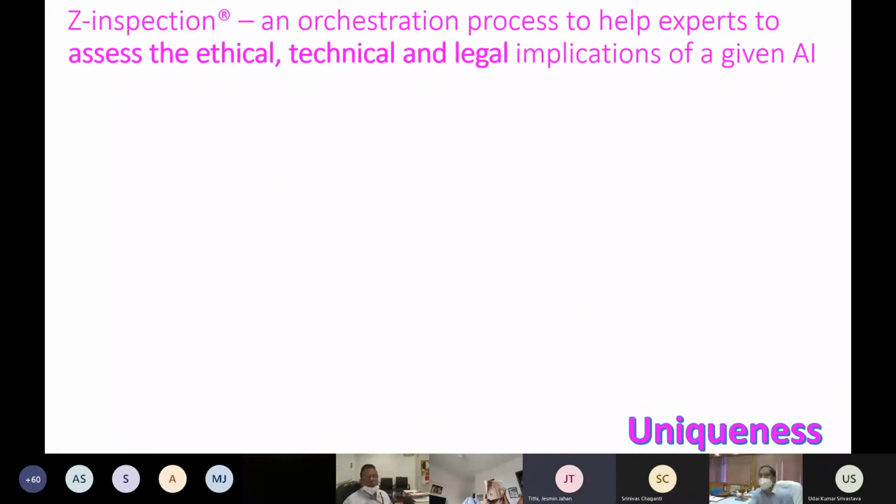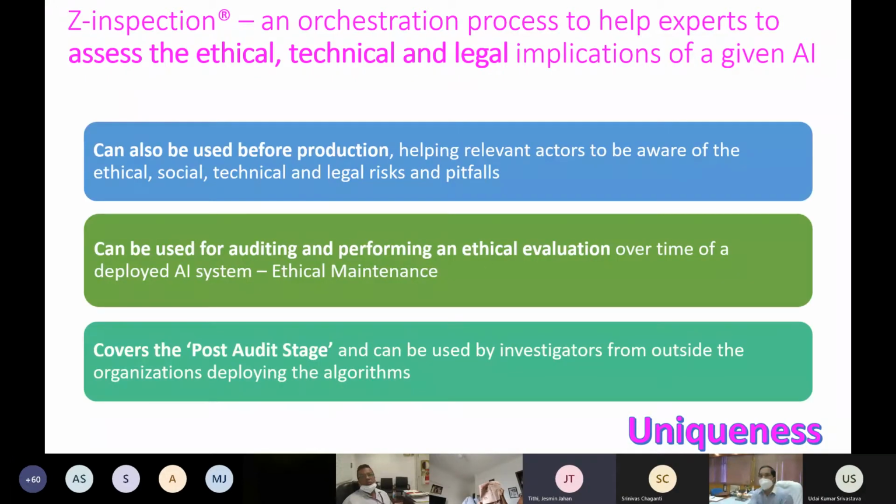The inspection is really an orchestration process that helps the experts to assess ethical, technical, and legal implications of a given AI. And the uniqueness of it is that it can be used at different stages of the AI process. It can be used before the production, helping the relevant actors to be aware of ethical, social, technical, and legal risks and pitfalls.